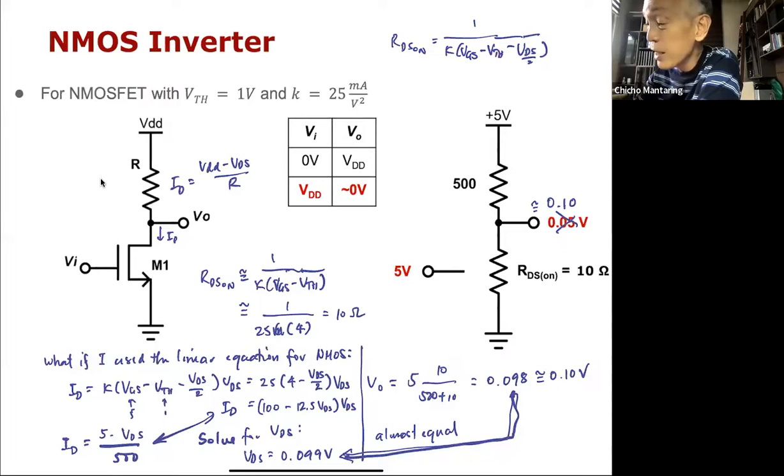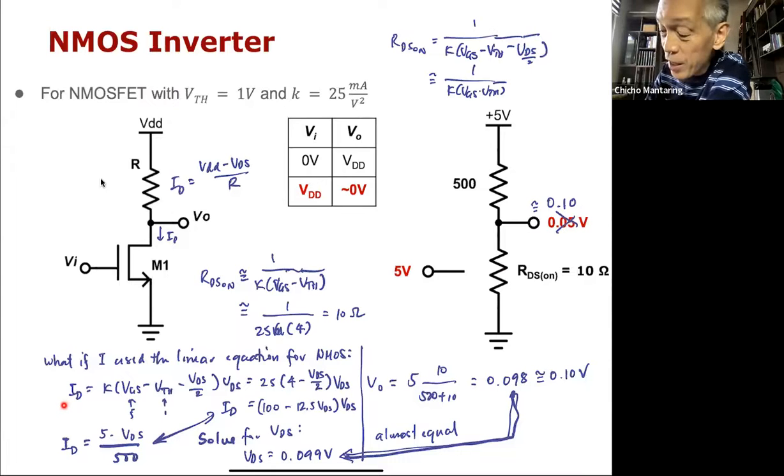That's why this is approximately 1 over K(VGS minus VTH). With this approximation, we came up with VO equal to 0.098.